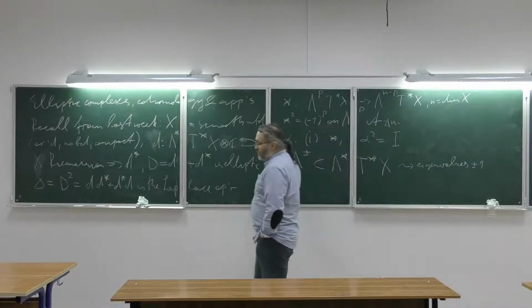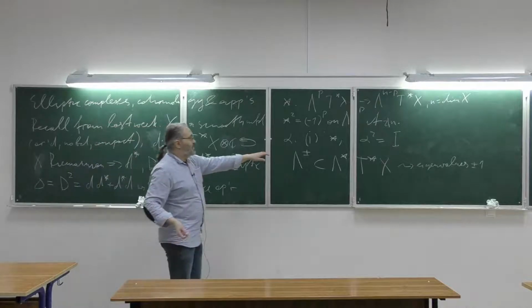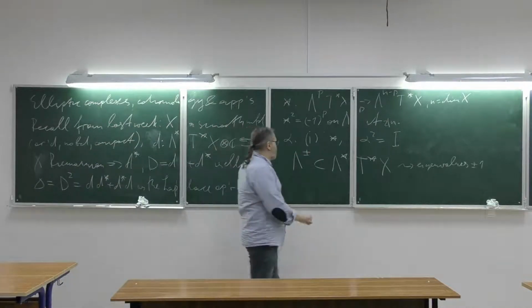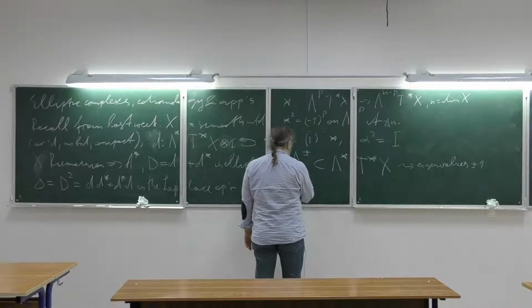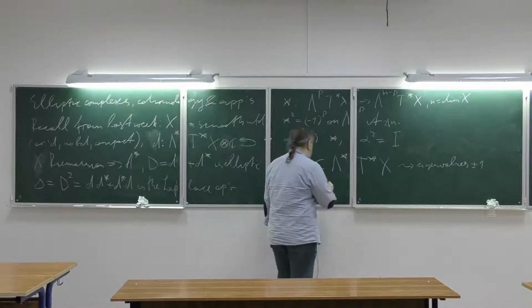Starting from this alpha, we construct two subbundles of the exterior algebra.